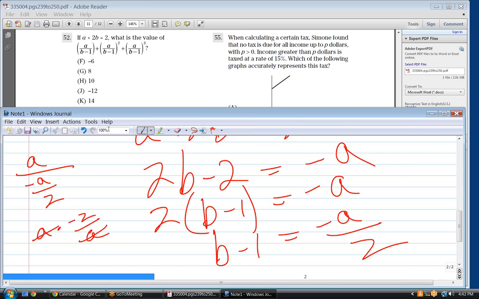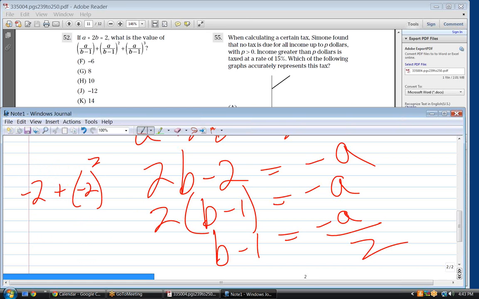So this number is negative 2. Now we've got negative 2 plus negative 2 squared plus negative 2 cubed. So it's negative 2 plus 4 minus 8. Negative 6.